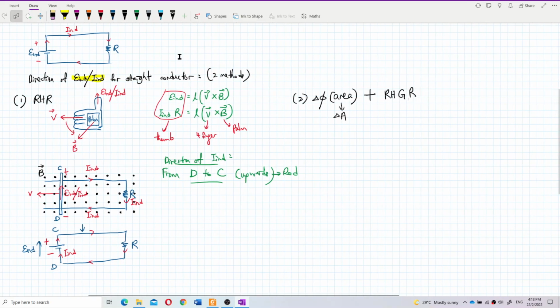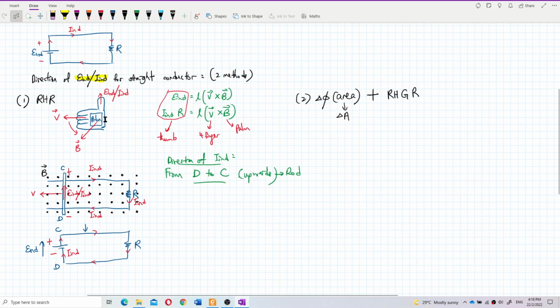The right hand grip rule is the one you have learned. It's not the right hand rule, it's the right hand grip rule. This one is very simple. Right hand grip rule means like this.